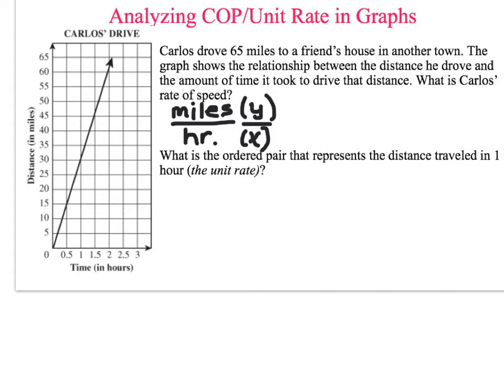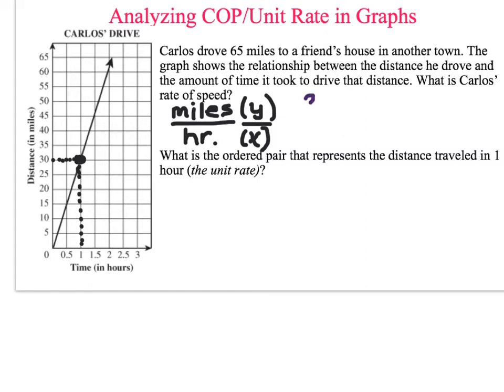So I want to know his rate of speed. So I'm going to find a clear point. When I look at a clear point, I see this one right here. So I see for 1 hour, he drives 30 miles. I chose that point because I saw it was clear, and both the x and the y are whole numbers, which makes it easier.